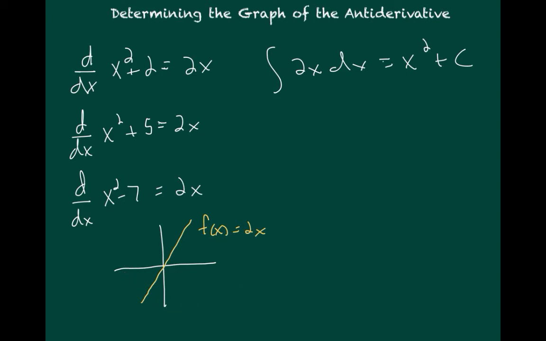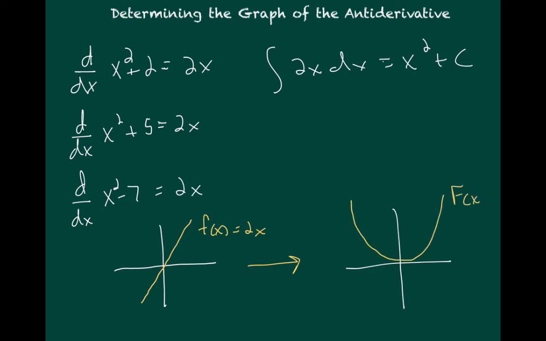So if we're going to look at the graph of the derivative, this is just the graph of f of x equaling 2x, and we try to create the graph of the antiderivative, we would have to recognize that we do not know which of these out of the infinite number could be the actual antiderivative. So I could sketch that as my antiderivative.